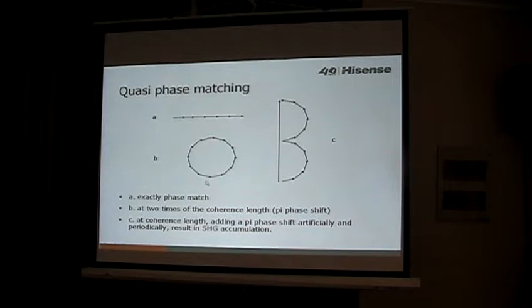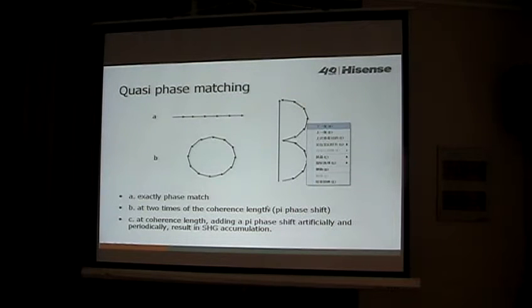But if the phase is not matched exactly, then the second harmonic wave generated in one region will have a phase difference from that generated in its neighboring regions. If we add this together, it will go in a circle. In the end, we might end up with no second harmonic generation at all. But the idea is, if at just the half circle we introduce a pi phase shift, then this phasor will turn direction, and they can eventually accumulate a sizable second harmonic generation. This is the basic idea of quasi-phase matching.